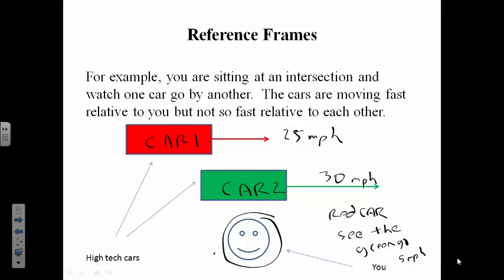So the red car only sees the green car passing at 5 miles an hour because that's the difference between them. So we just need to remember that whenever you're moving, you have to account for your reference frame. Your measurements are based on what frame of reference you measure from.